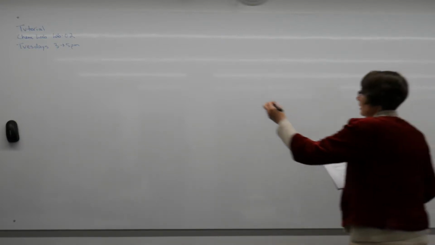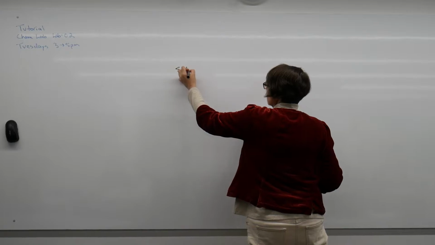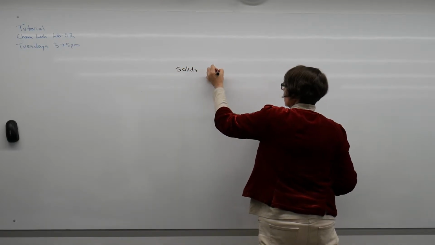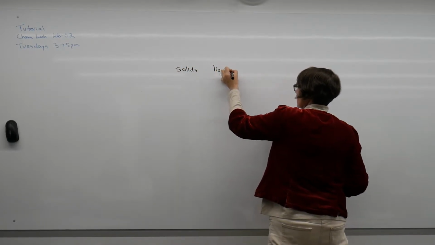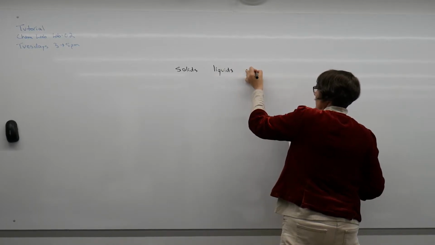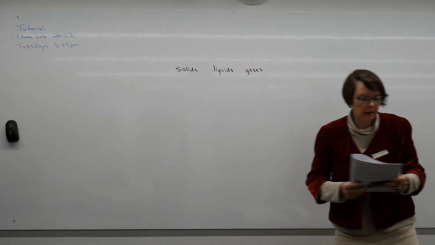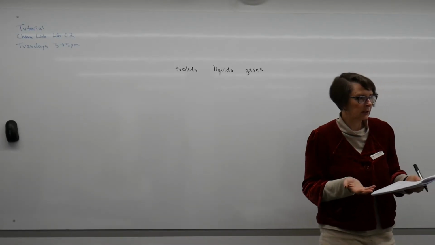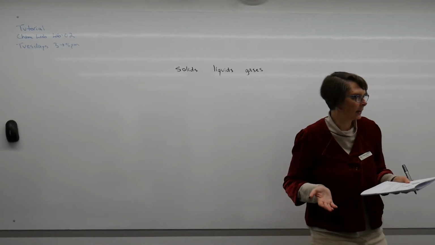So let's have a look at page 4 then, which is just called the Introduction to Matter. And we say that there are 3 states of matter: solid, liquid, and gas.